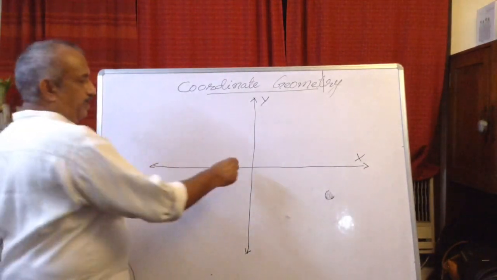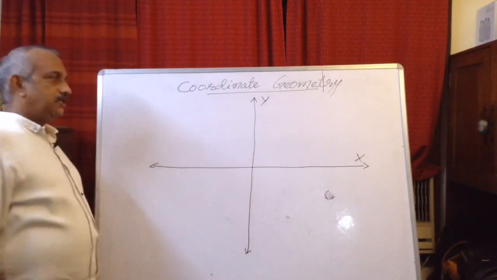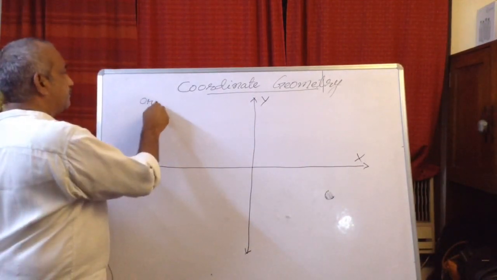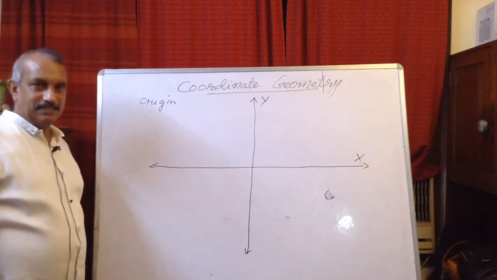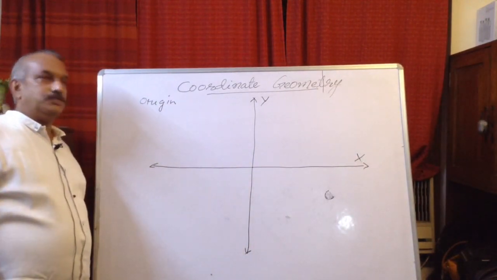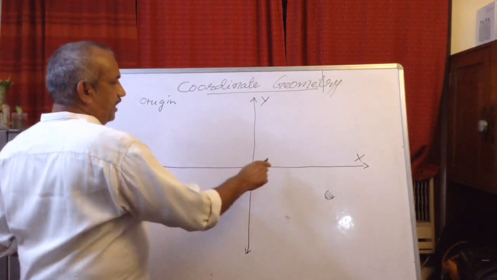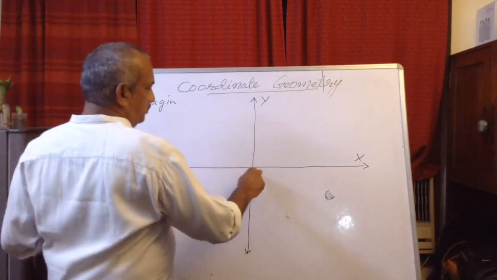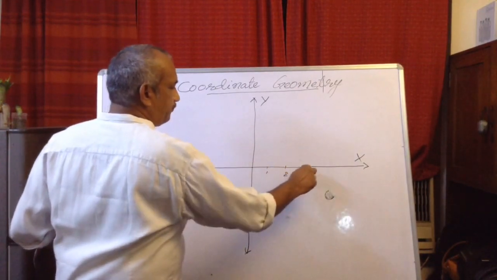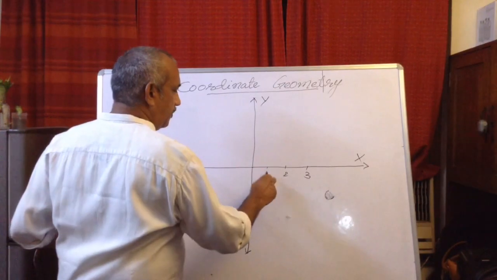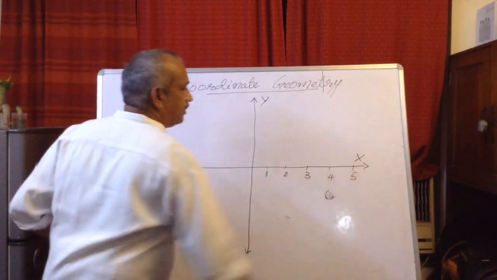Again, the point where the two lines intersect is given a special name. It is called the origin. The point where the two lines intersect is called the origin. Now this we treat as 0, and this is a line. On the right side of 0, say 1, 2, 3, 4, 5, etc. It will go on.